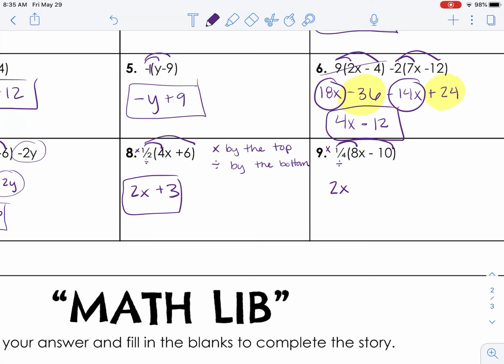So we're going to end up with negative 10 over 4. And it's okay to have a fraction. We just want to simplify that. So I'm going to say 2x. And then we're going to find what we can divide both of those by. So we can divide both by 2, which is going to give us a negative 5 over 2. So there's our answer there.